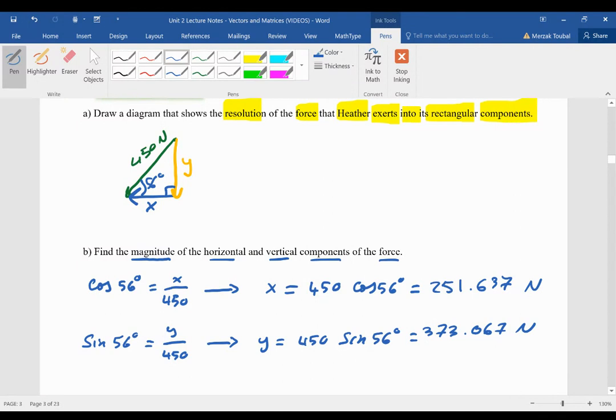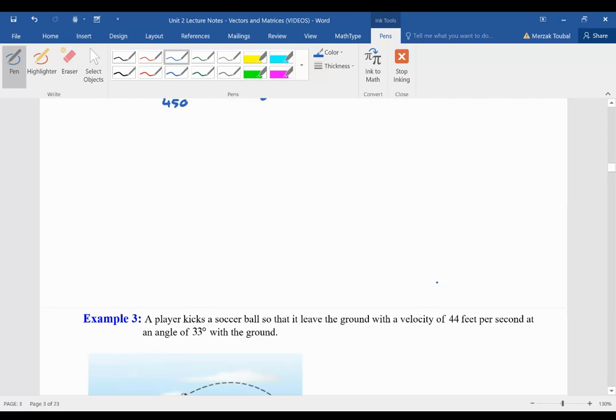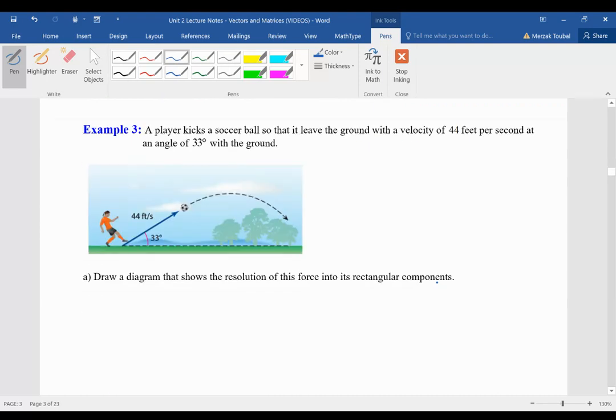Okay, good. Let's move on to the next example. The next example is very similar to the previous example. A player kicks a soccer ball so that it leaves the ground with a velocity of 44 feet per second.